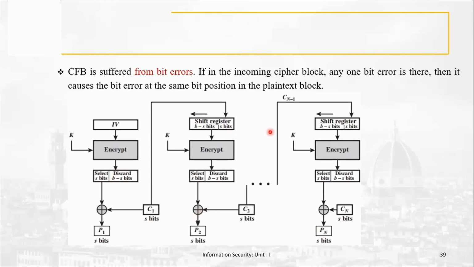Now the problem with this method, whatever this cipher feedback mode is, is that if you find any bit error, a single bit change or single bit missing will hamper all the encryption or decryption process. Okay, so that is one big problem of CFB, and you have to be very sure that you are doing all the operations very correctly.